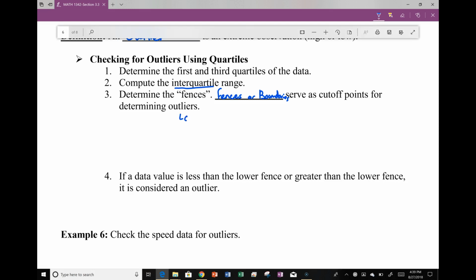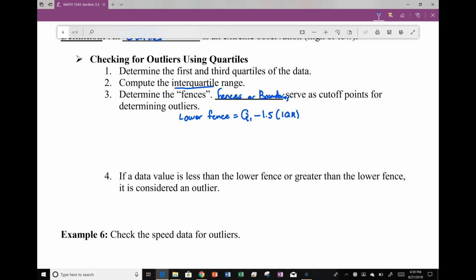So let's look at the lower fence of our data. That is going to be equal to our Q1 minus 1.5 times our IQR. This 1.5 gives me that additional interquartile range plus a little bit extra. So when we're looking at these, we want to take that interquartile range plus 1.5 of those on both sides.